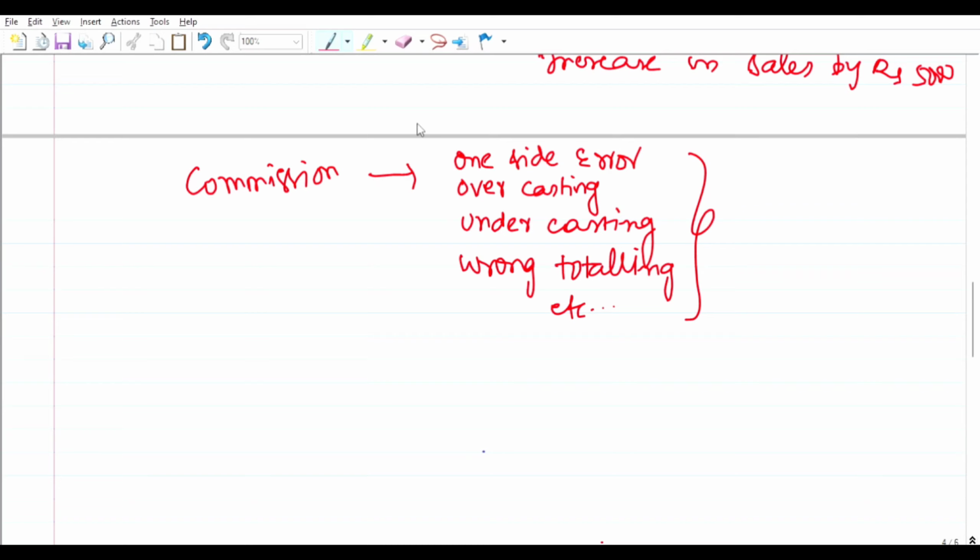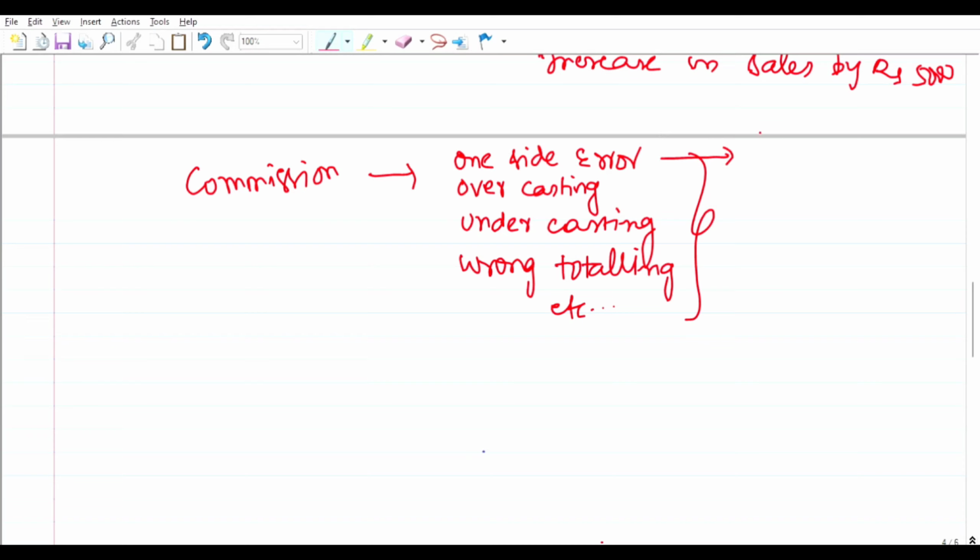One side error is nothing but recording an entry in only the debit side or credit side. Not recording both is nothing but error of omission. Only recording one side is nothing but one side error.